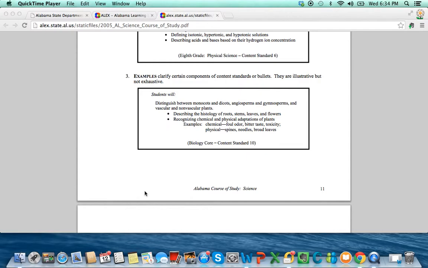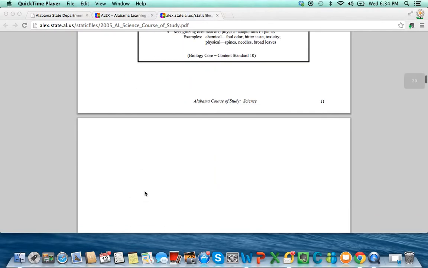And so they give some examples that we want to pay attention to. Now, it's interesting that this is a biology example, and of course, in our former life in Alabama, the Alabama High School graduation exam was totally based on biology. And I can tell you from being a biology teacher in this state, I wanted to be certain that my students knew those examples because those are the ones that were going to show up on the standardized test. Well, those days are over, and that specificity no longer, I think, is required as we teach these standards. However, it does give us more information about the standards that we are to teach.